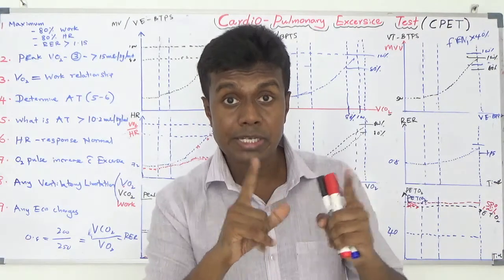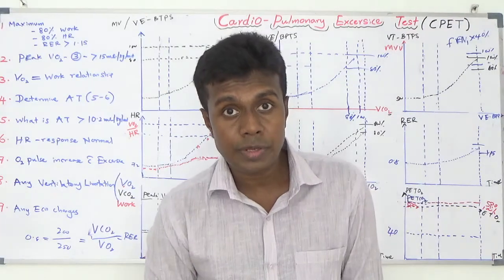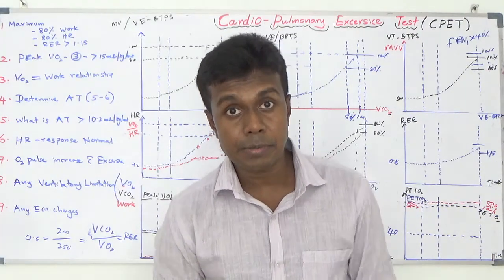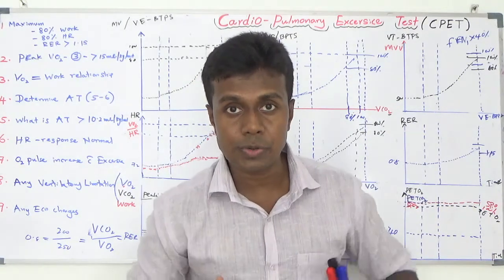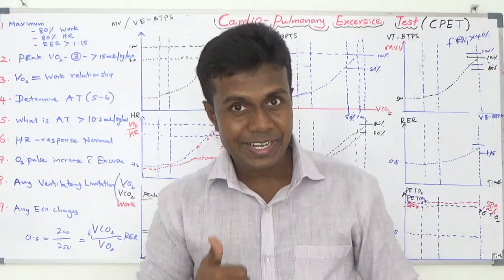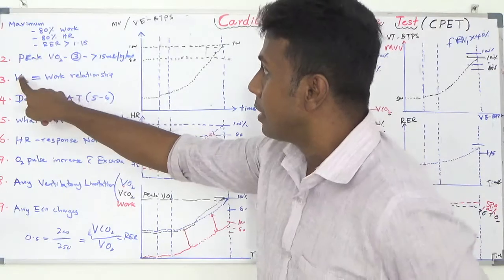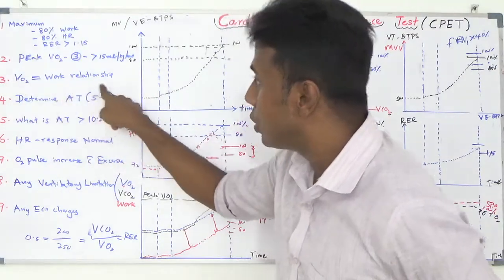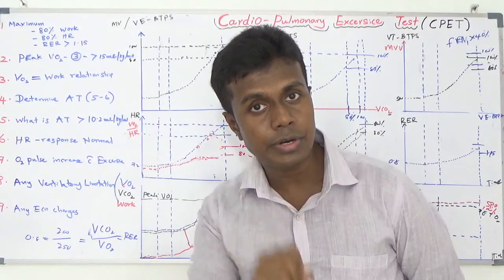If your patient has less than that, it is dangerous to undergo general anesthesia. Sometimes you have to consider a minimally invasive procedure, like an endovascular procedure in case of aortic aneurysm repair. Number 3, check VO2 and work relationship.